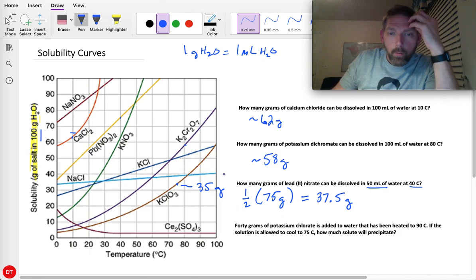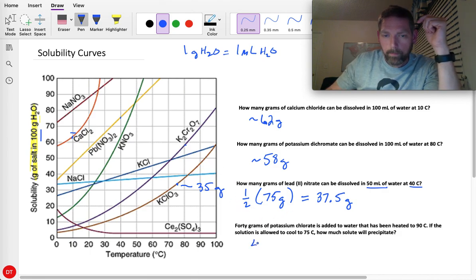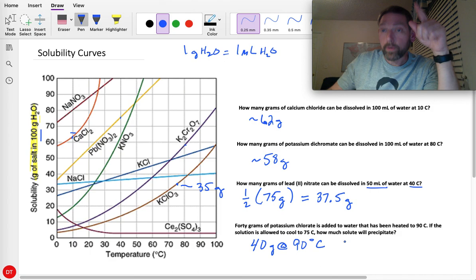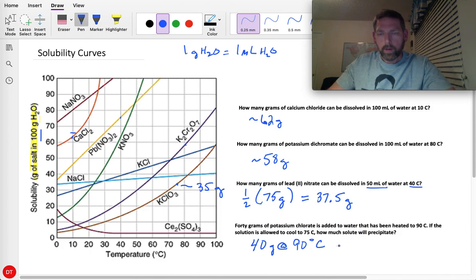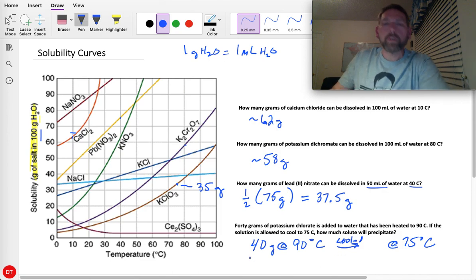All right. We initially added 40 grams at the 90 degrees Celsius. And then it was allowed to cool down, right? And then it cooled to 75 degrees Celsius.